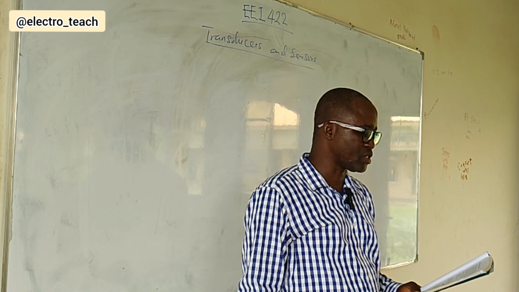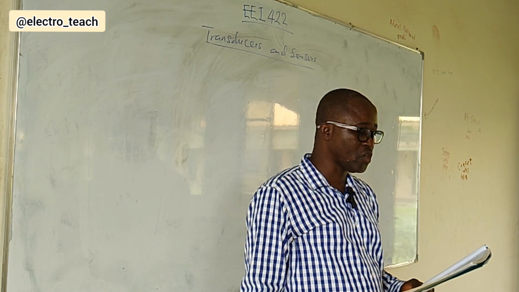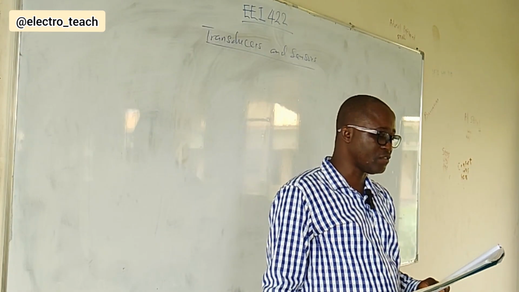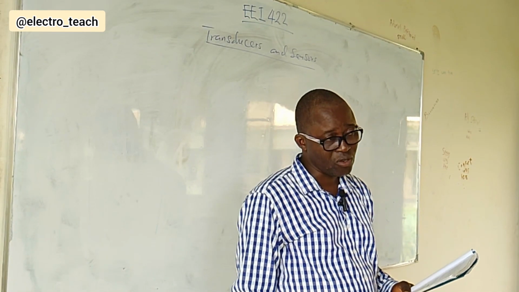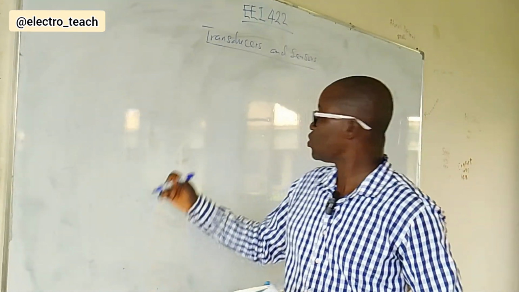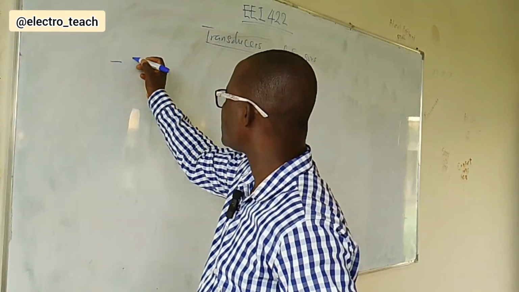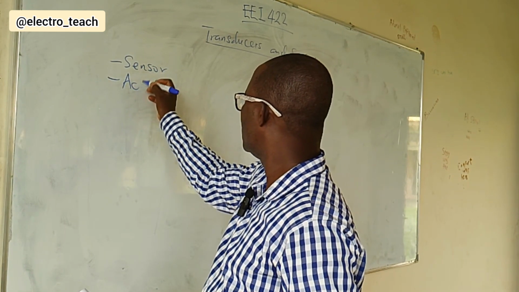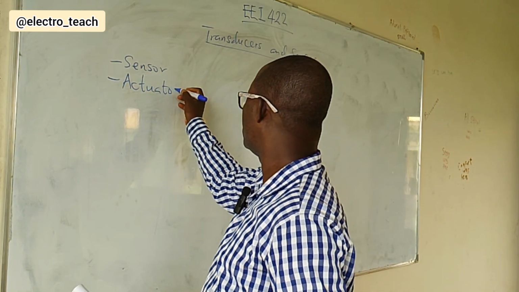That is a transducer. Another way we can also define a transducer is as a device that takes the form of a sensor and an actuator. So take note of the terms: sensor, actuator.